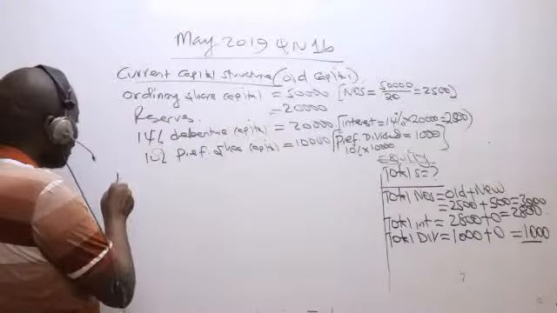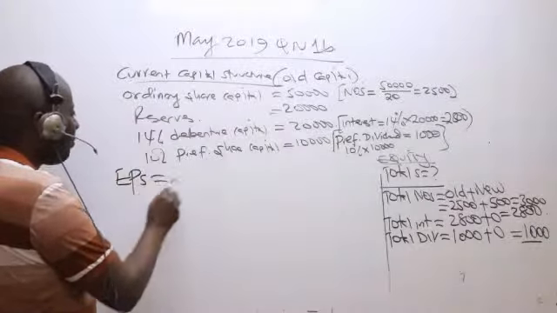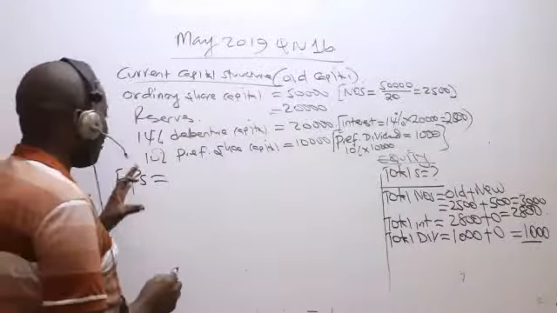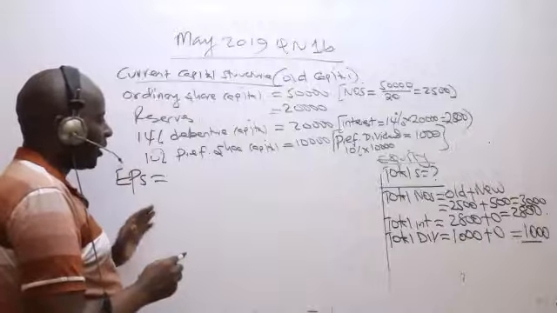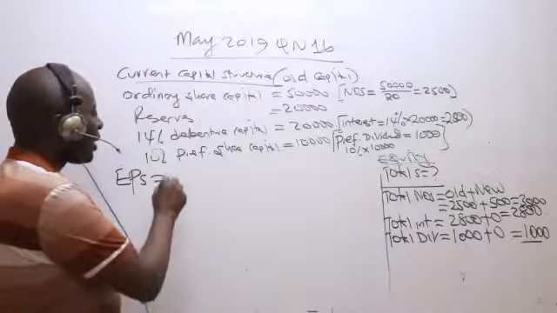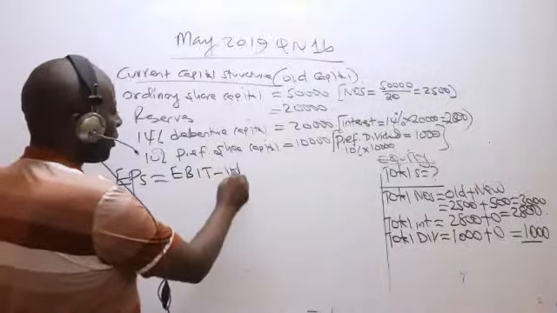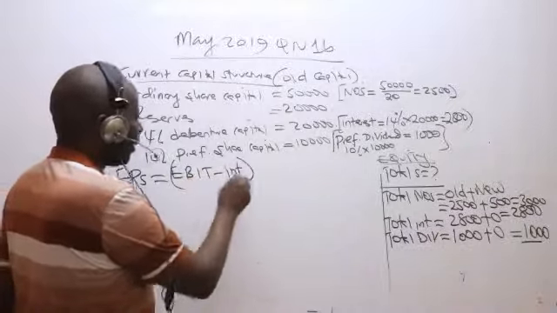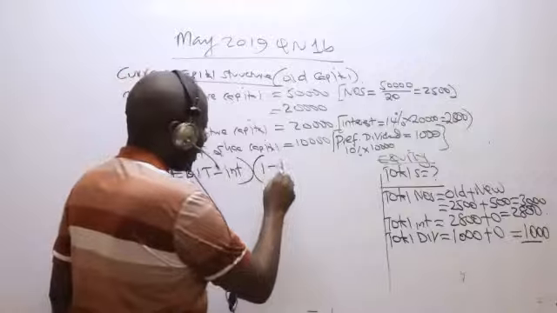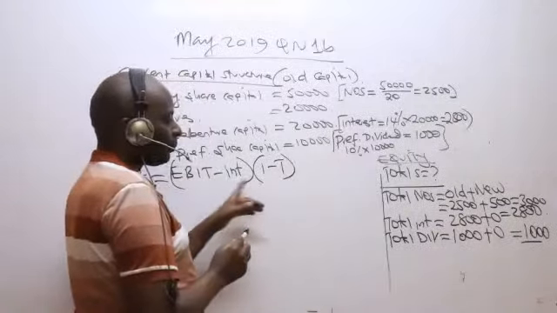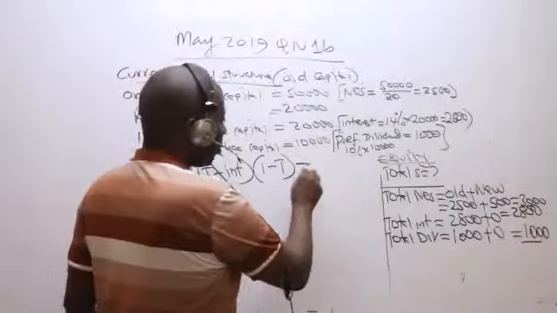So how do we get this EPS? Remember what I taught you here yesterday. To get EPS, we shall take EBIT minus interest, times what here, somebody? We must less tax there. And then we subtract what here, somebody?